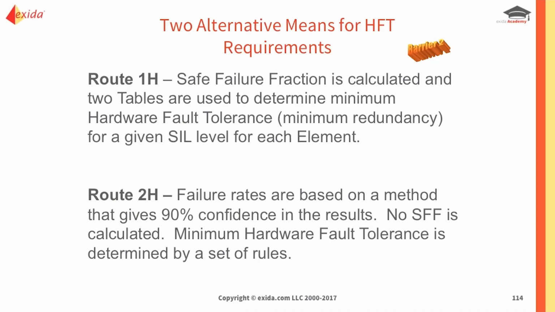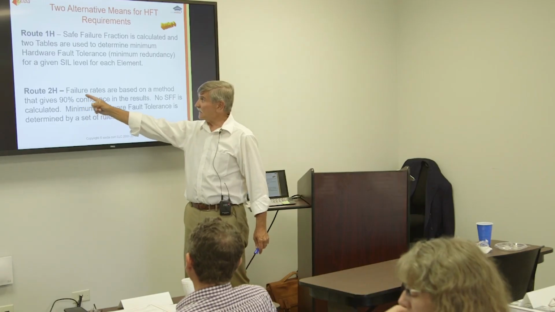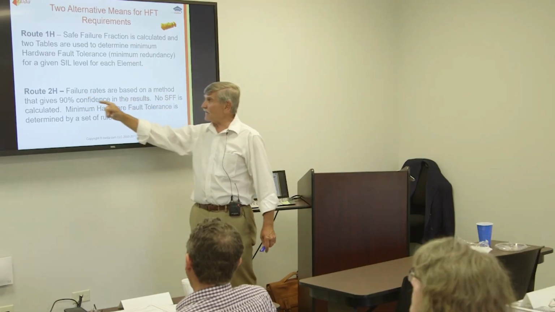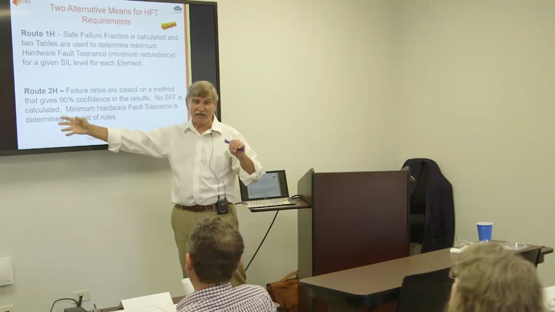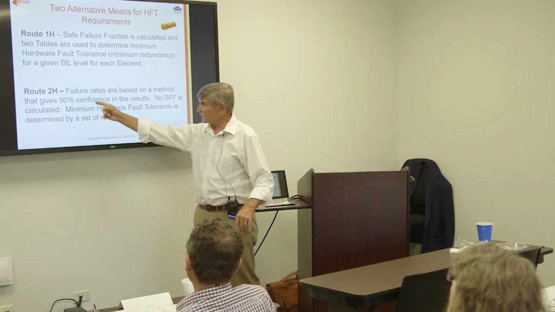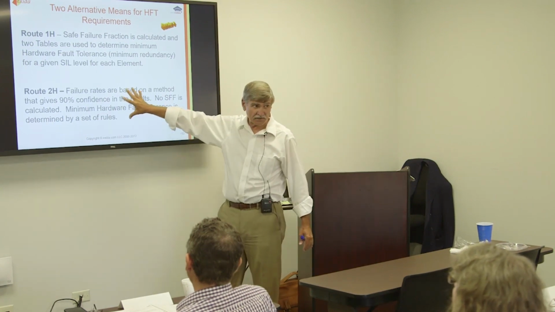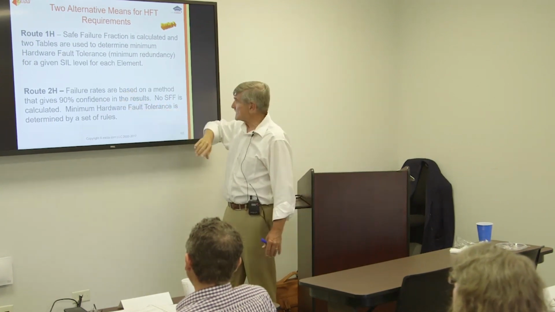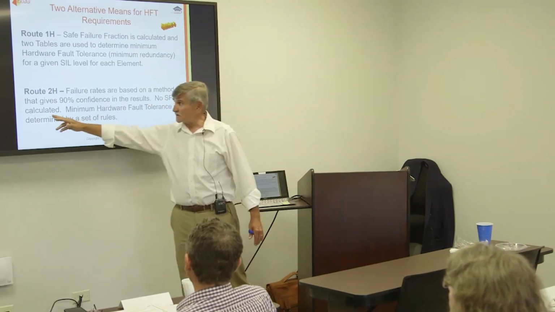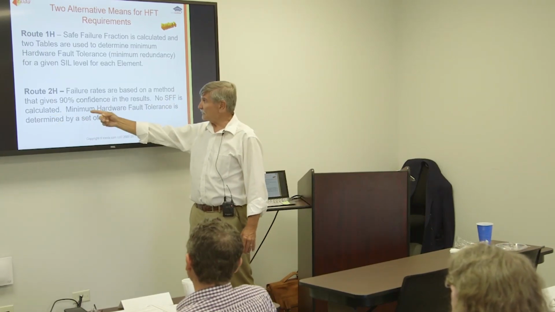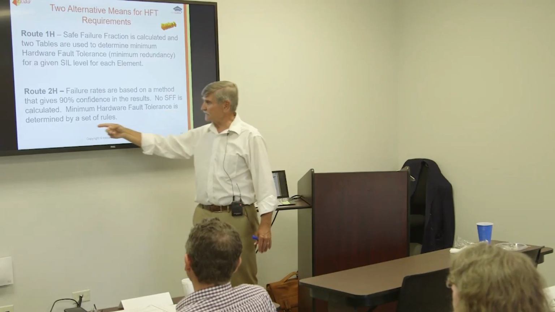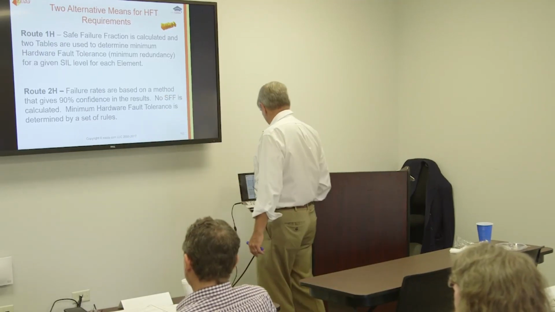Route 1H. In the 2010 version of the standard, an alternative was put in, Route 2H. It said failure rates are based on a method. If failure rates are based on a method that gives a 90% confidence in the results, and that's exida's language, this isn't a quote, no safe failure fraction is calculated, and minimum hardware fault tolerance tables are determined by a set of rules.